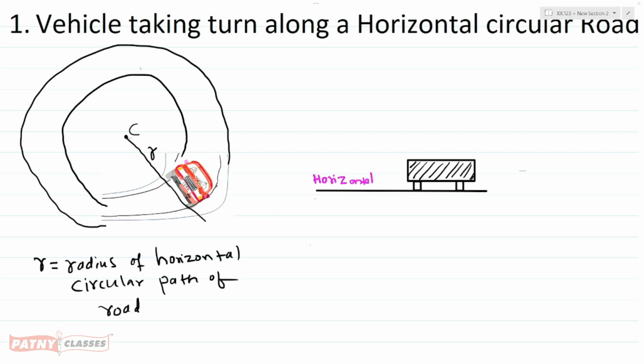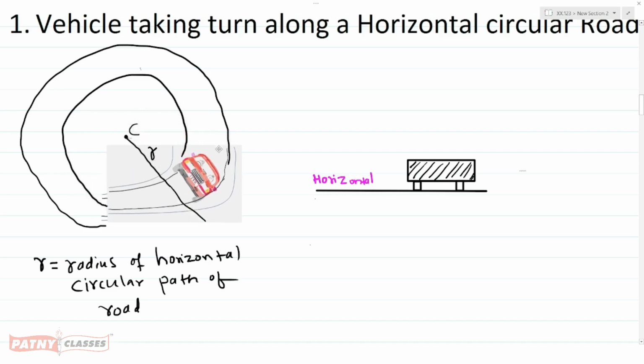When the vehicle is taking the turn, multiple forces act on the car, and one of them is the centripetal force. This centripetal force is pulling the car toward the center. So the car is moving from this position to this position due to the centripetal force.